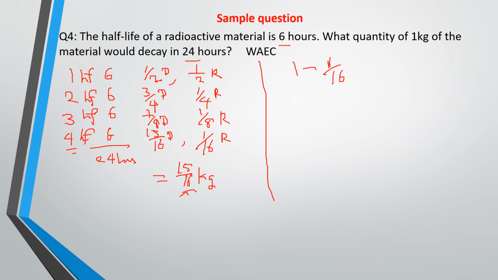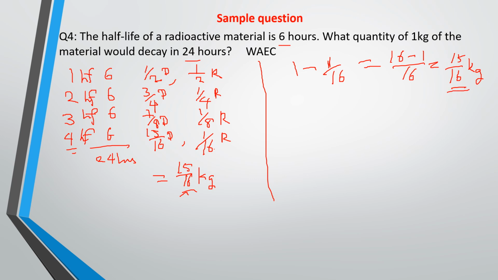So if you solve it out, you have 16/16 minus 1/16, and that gives you 15/16 kg.